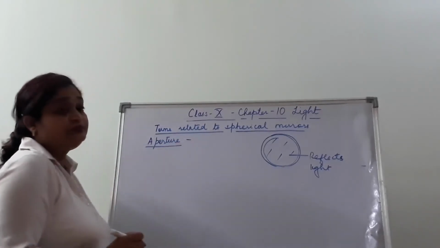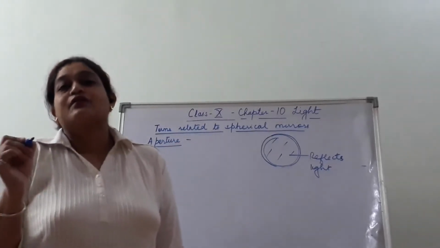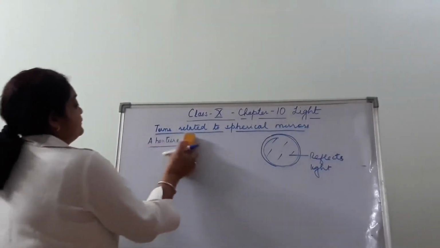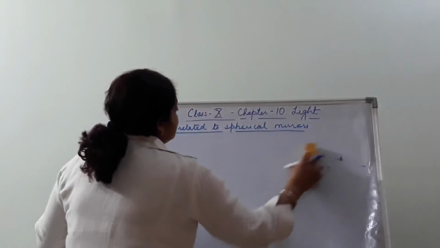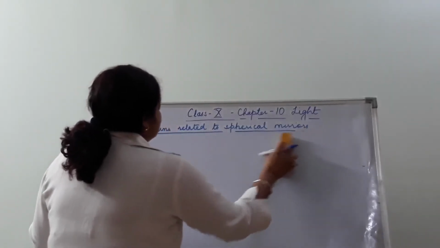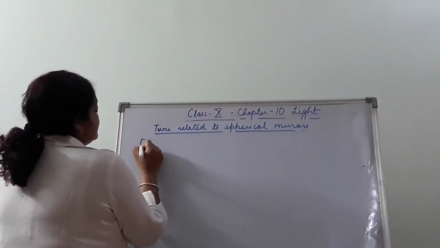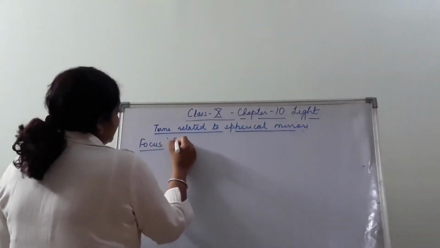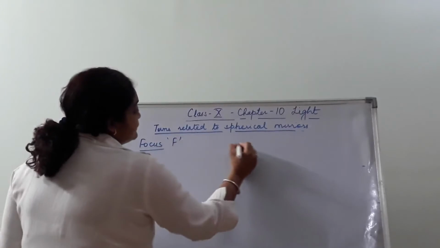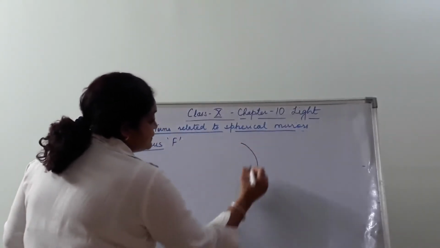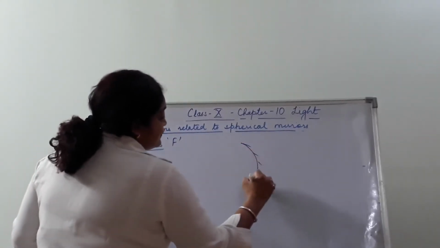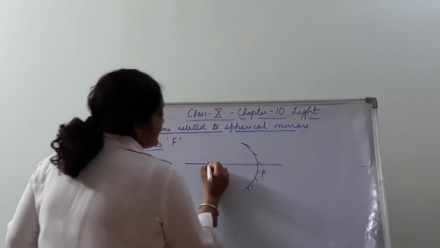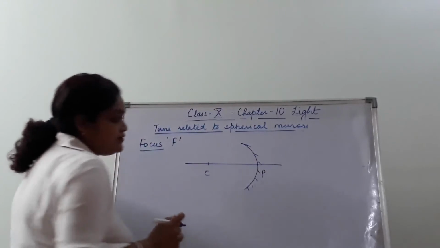Next is the focus. What is the focus of the mirror? Focus is denoted by F. Now what happens? Suppose this is a concave mirror, this is the pole and this is the center of curvature.